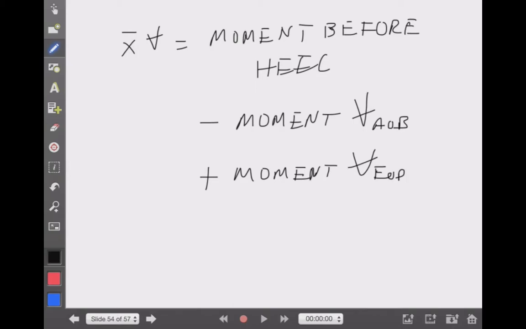Now, they do some kind of mathematical trickery. They mention that before the ship heels, this term actually goes to 0, and so that drops out. But they rewrite this equation into equation form instead of just words. They rewrite it as this.